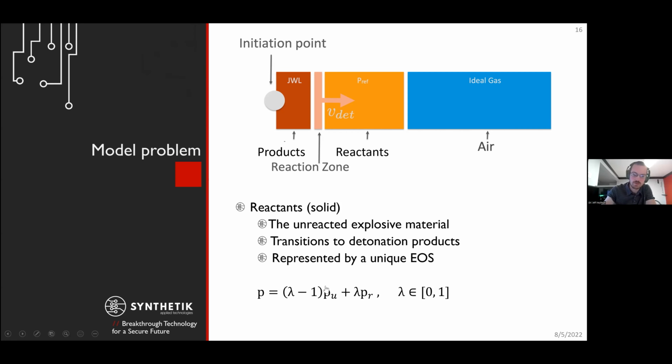It's going to be the unreacted state. And the state is going to be defined by lambda here, which is basically a reaction progress variable. So it takes a value between 0 and 1. At 0, it's totally unreacted. It's just that solid. At 1, it's fully reacted. That's going to be the product state. And then each of these is going to be defined by a unique equation of state.